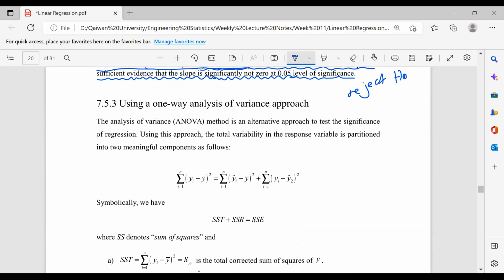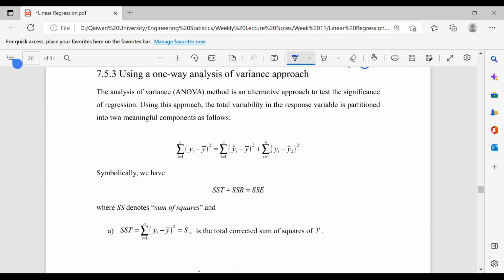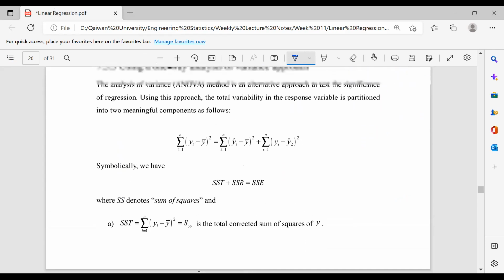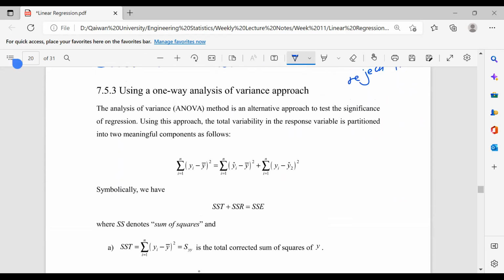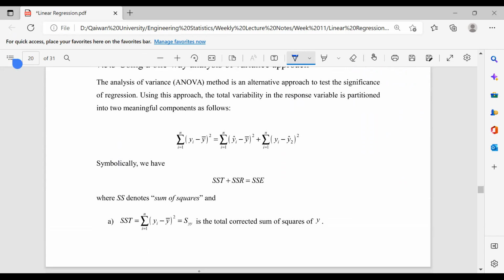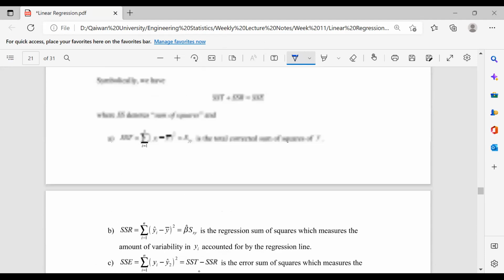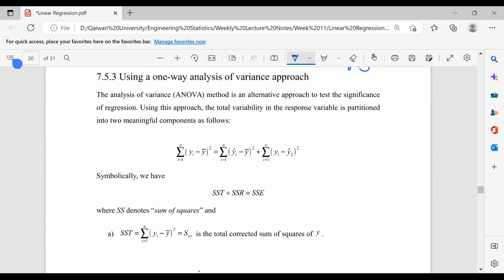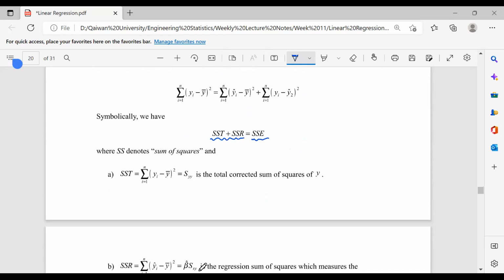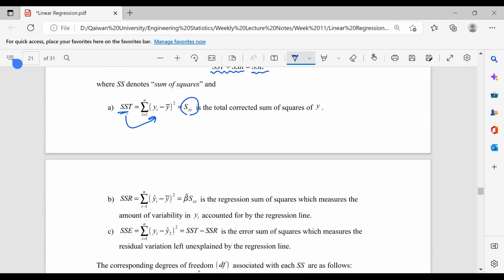That's all. And then we use the one-way ANOVA for solving the same example as above. Here we say SST equals SSR plus SSE. SST could be obtained by this, which is S sub y y.